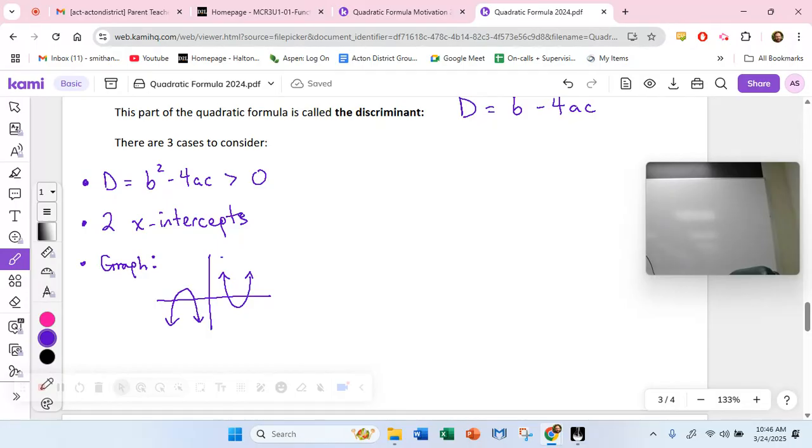All right, second case. This was our second example there. You calculate the discriminant, and it was equal to 0. That means you add 0, you subtract 0, it gives you the same thing. There is 1 x-intercept.